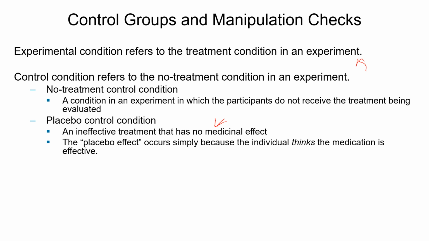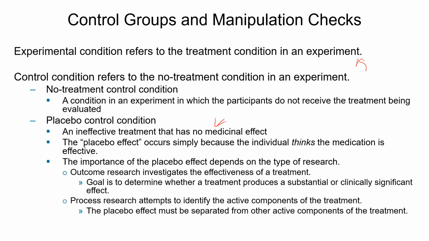Well, the people who get the sugar pill will still have a reduction in pain. That's due to the placebo effect. It's a lower effect, though, than typically what a true drug's effect would be. So that's what we're trying to see in this case. We're trying to see if our drug A is actually more effective than just the placebo effect.